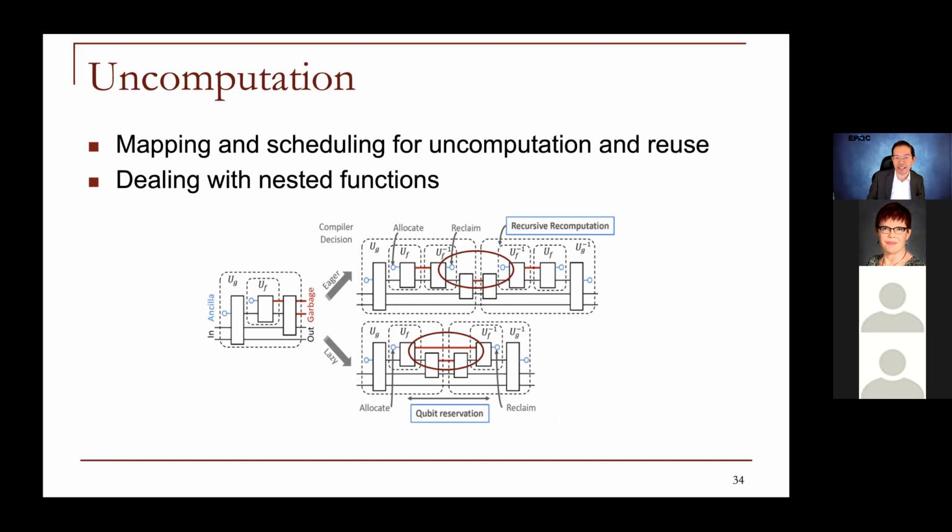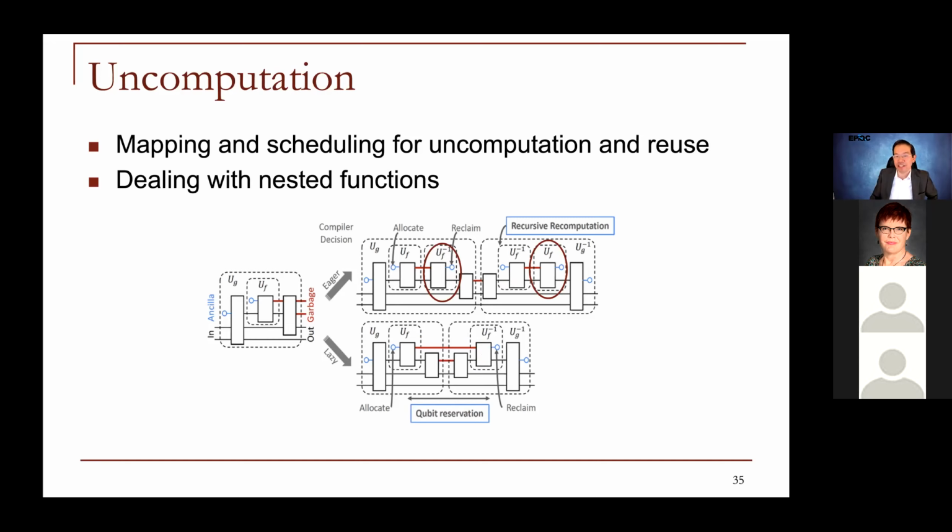And what that does is it gives us back this middle qubit. You see those blue circles in the middle at the top, and we get that back where we would not have gotten that back down in the bottom approach, right? And so by being more aggressive, we can get qubits back earlier, and then we can use them for something else in some other part of our computation.